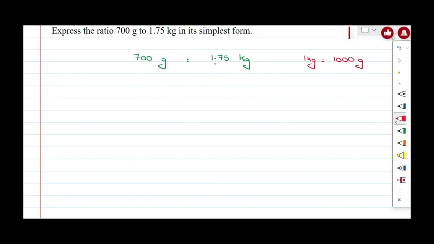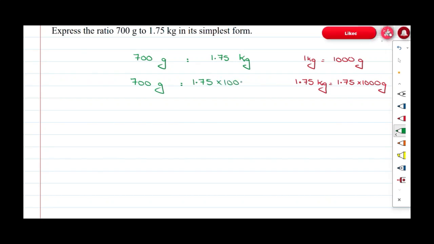Okay, and what about 1.75 kilograms? 1.75 kilograms is equal to 1.75 multiplied by 1000 grams. Okay, substitute everything over here. This is 700 grams as it is, and this would be 1.75 times 1000 grams. Now this grams and this gram both cancel out.